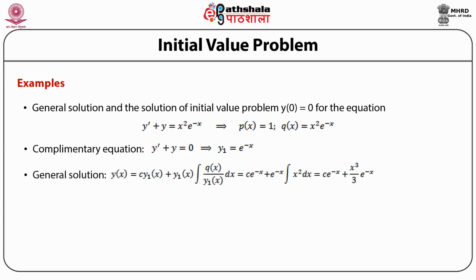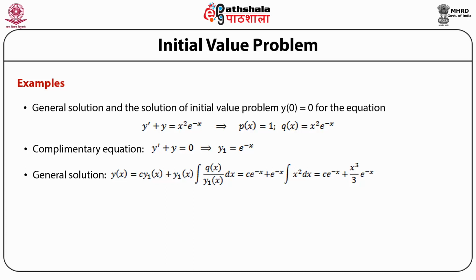The general solution is y(x) = c times y1(x) plus y1(x) times the integral of q(x) by y1(x) dx. This is equal to c times e raised to the power minus x plus e raised to the power minus x times the integral of x squared dx.